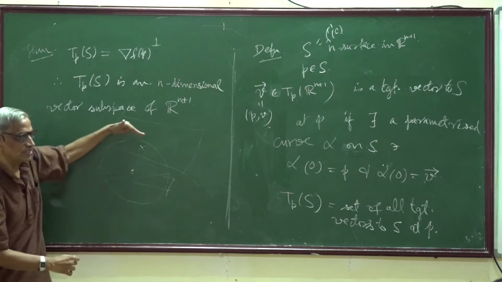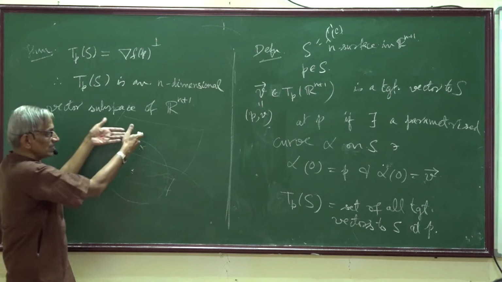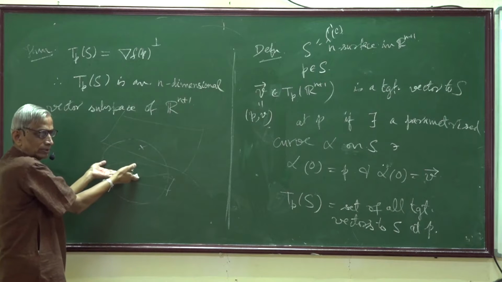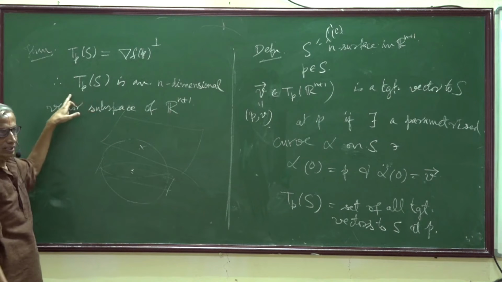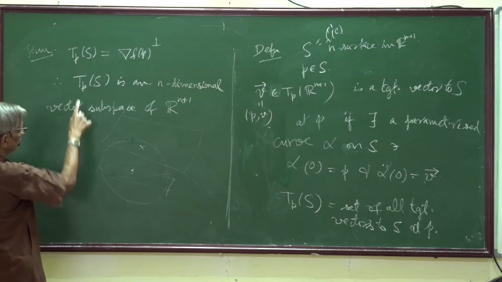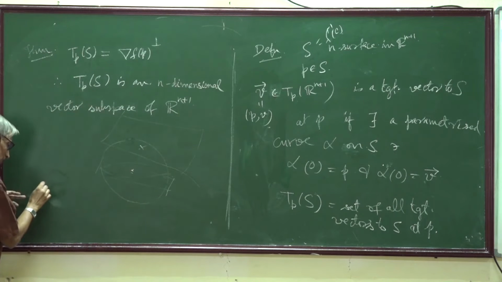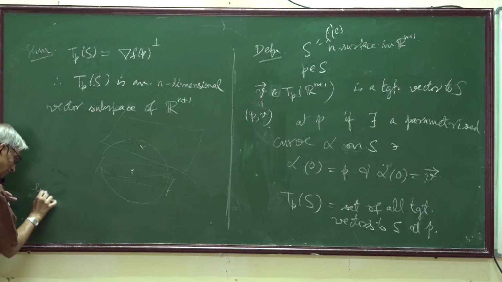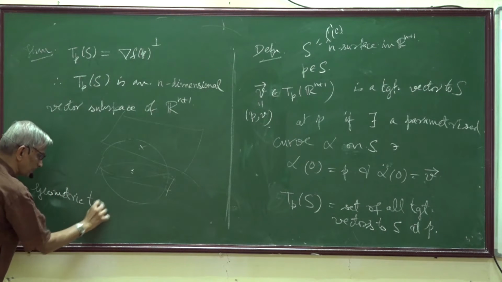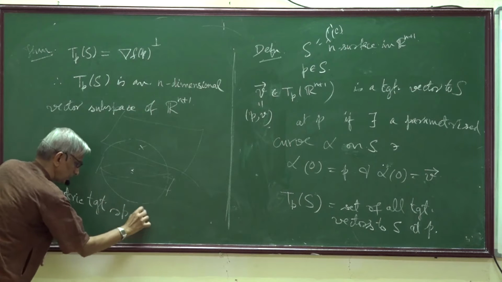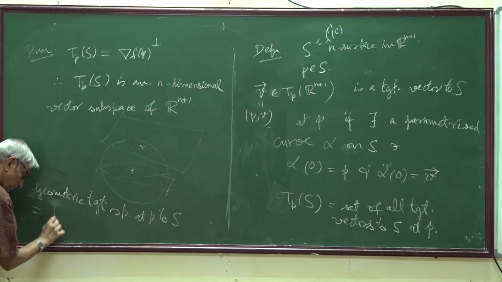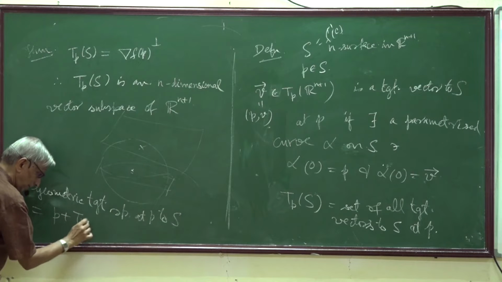It's just a translate. So translate the actual geometric tangent plane to the origin to get this T_P S. So the geometric tangent space at P to S is the translate of this by P.